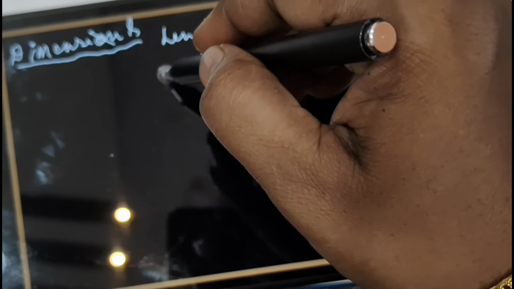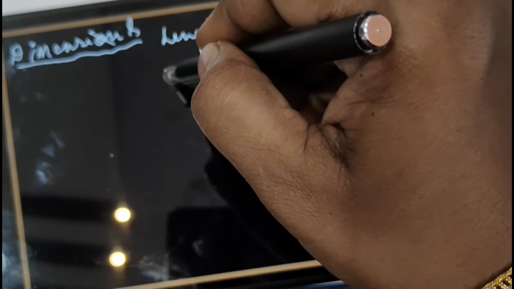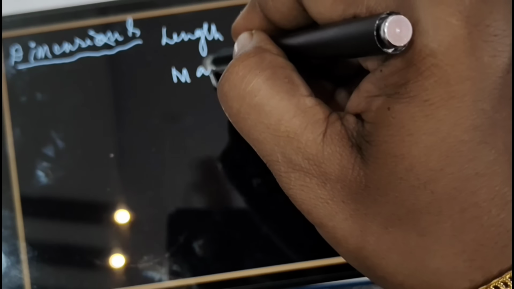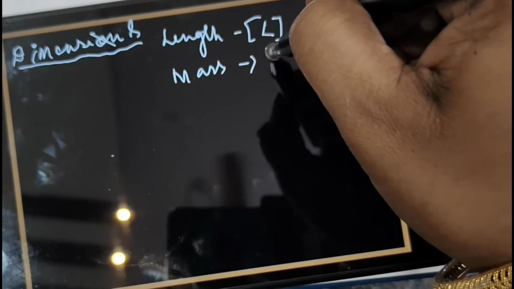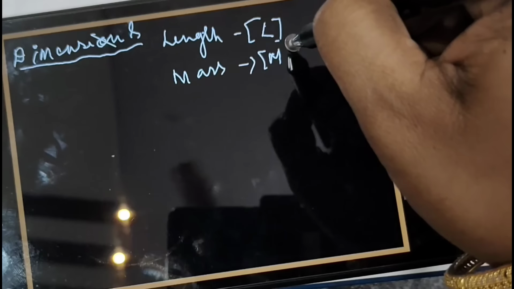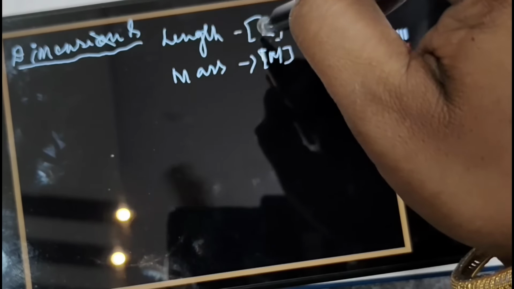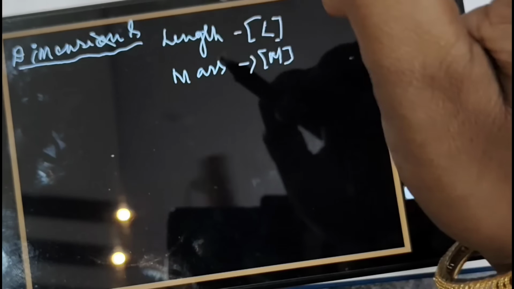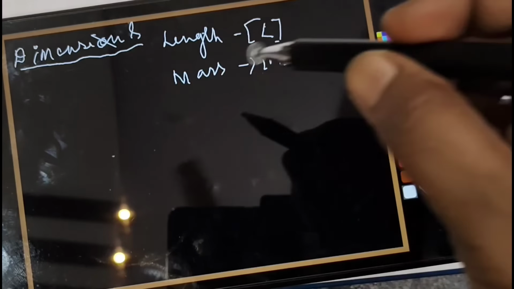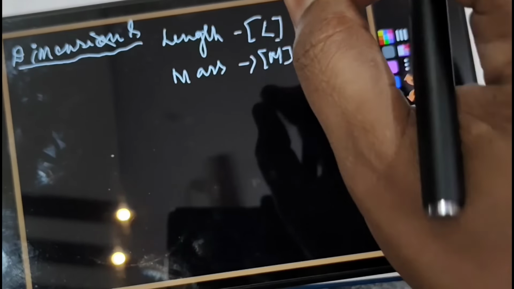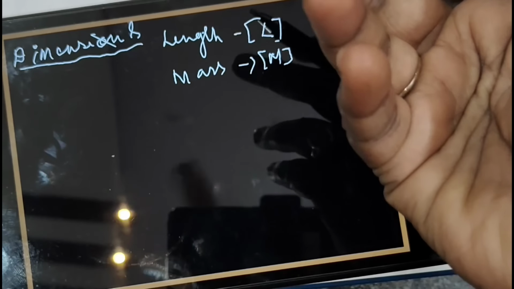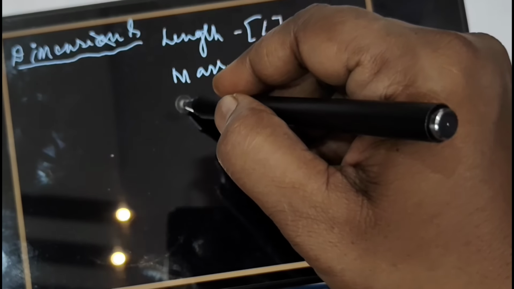And mass, capital M. We will not take kg or meter here. We will avoid that and just take the first letter of the physical quantity, that is L and M. So don't get confused here. This is the rule, this is how we should take it.